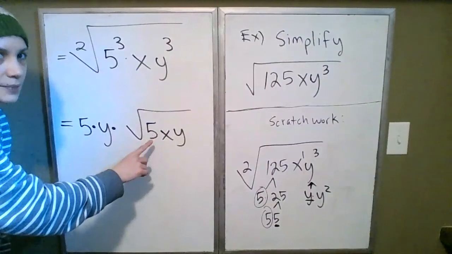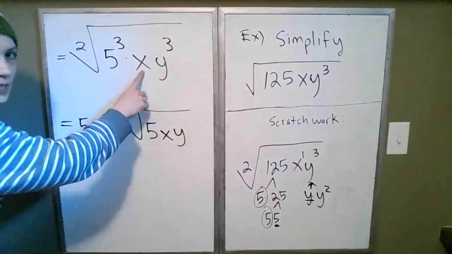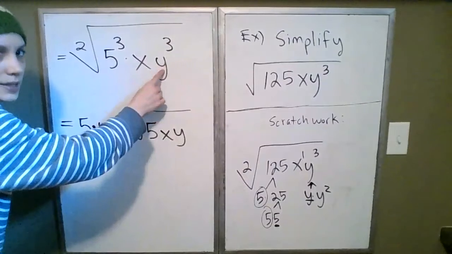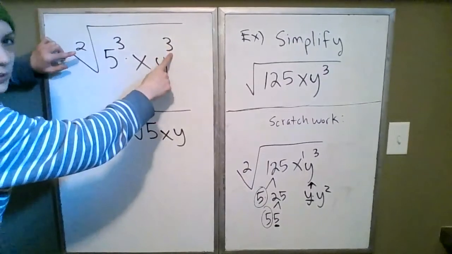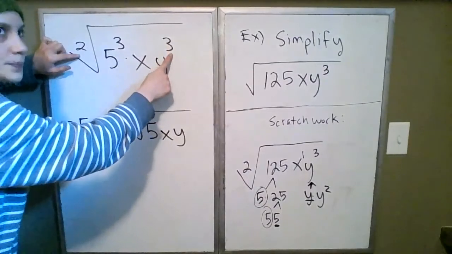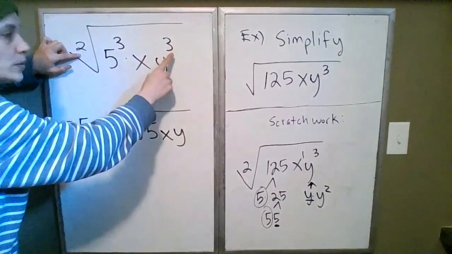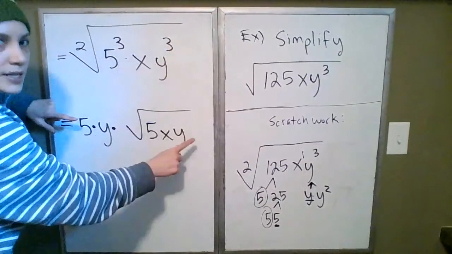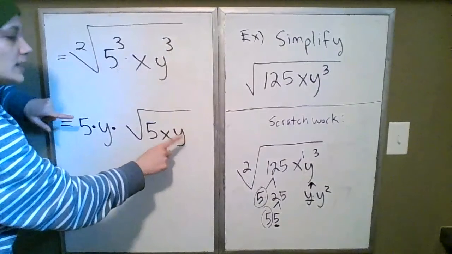There's another 5 that stays. For this, we can take the power 3, divide by 2. You get 1 with a remainder of 1. So you can bring out 1 y, and the remainder has to stay. That one other y has to stay.